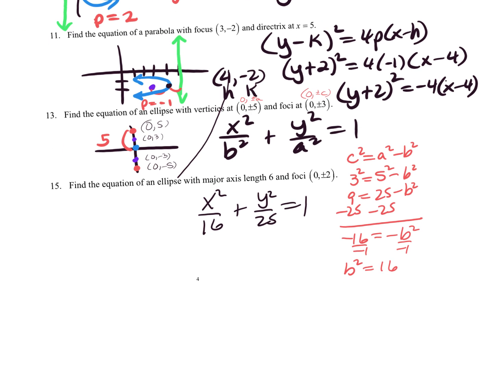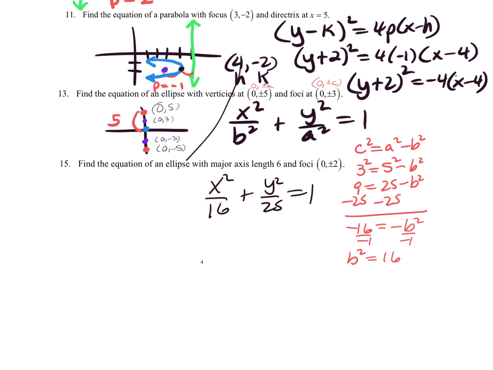Okay, so for the last question, we're going to write an equation of an ellipse. I'm going to give myself a visual. I'm going to go ahead and graph my foci. It's going to be the ordered pairs 0, 2 and 0, -2. Remember, the major axis length is equal to 2 times a.